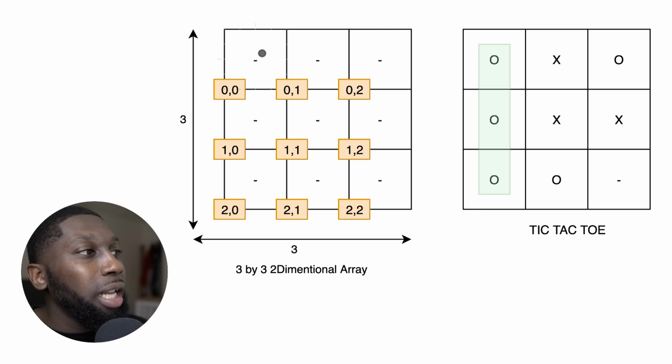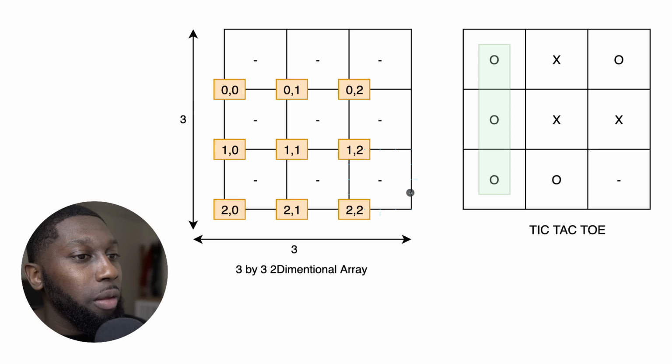Now, the indexes work a little bit differently. Here you see that 0, 0 corresponds to this one, and then 0, 1 corresponds to the second one, 0, 2 this one. And as you move downwards, the y position becomes 1, and then 2. You can see this is 1, 1, because this is the second row and the second column, so 1, 1, right?